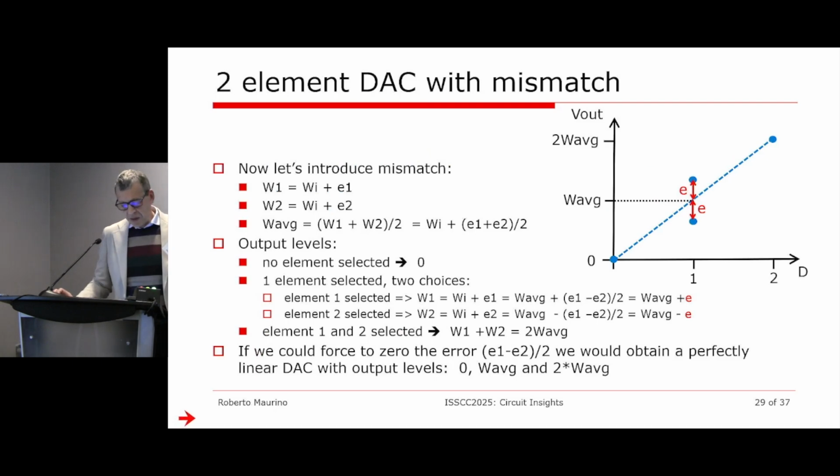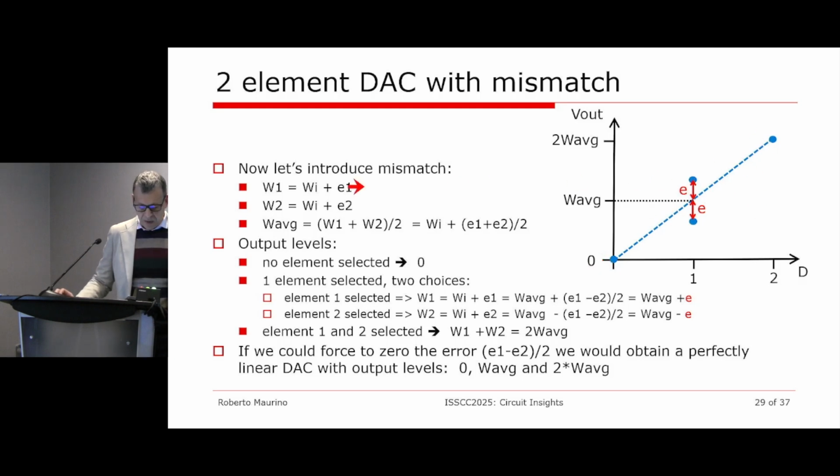In the real world, you'll get mismatch. So what happens there? Let's define E1 as the mismatch error of the first element and E2 the mismatch error of the second element. And now let's see what happens. So at 0, again, no element selected, we get 0. That's good.